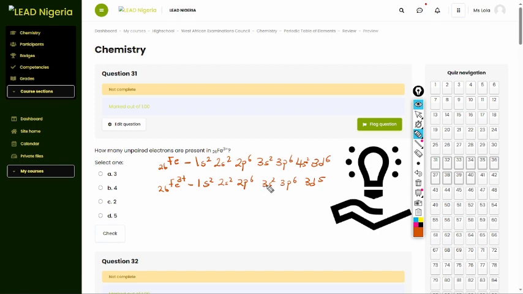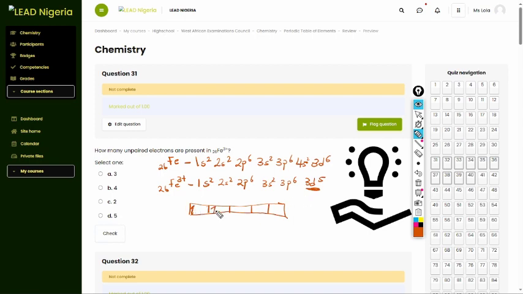So in order to find out how many unpaired electrons there are, we need to draw out the sub-energy levels for the 3d orbital. So the d orbital has 5 sub-energy levels. There are 5 electrons here, so we go in singly before pairing.